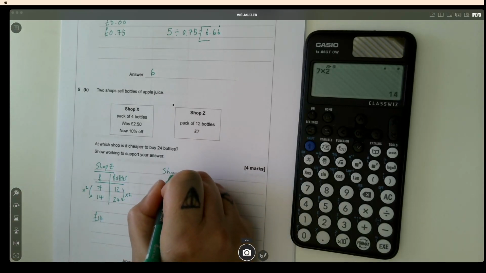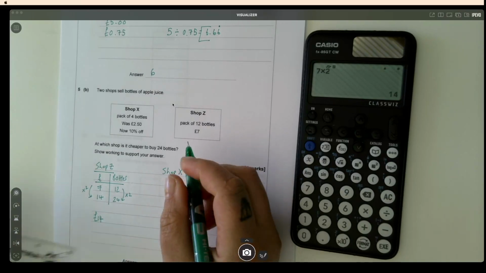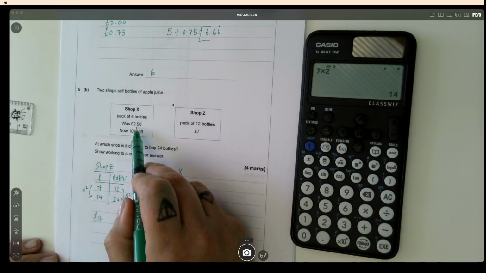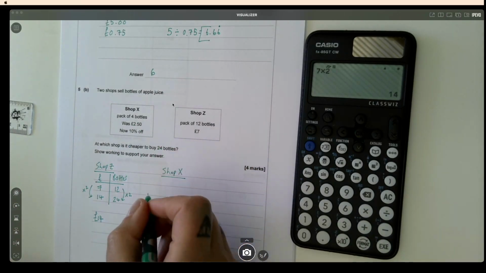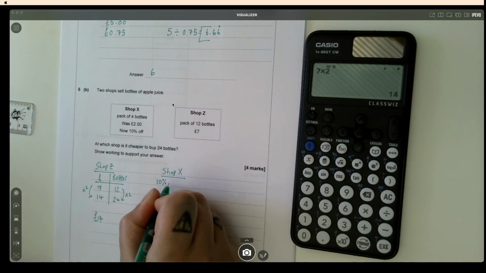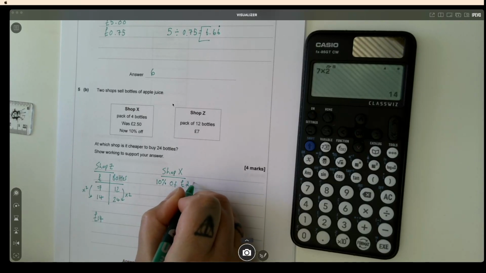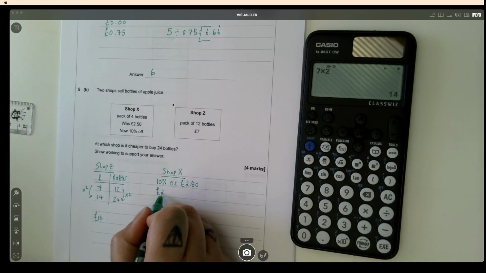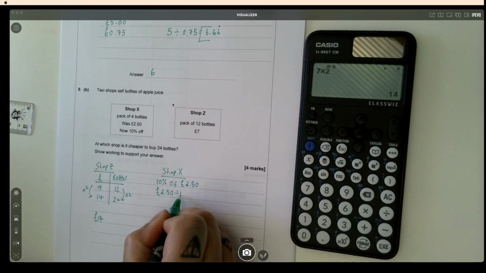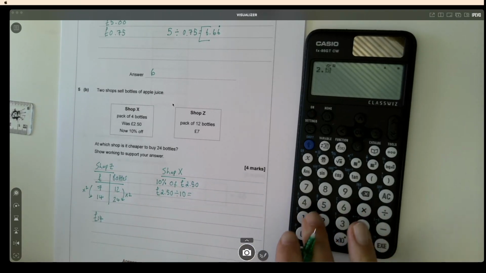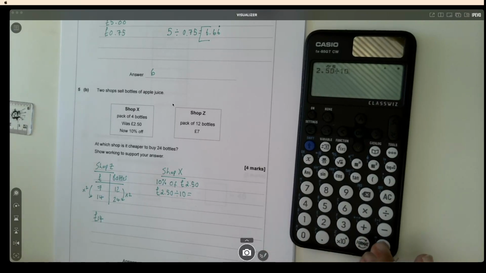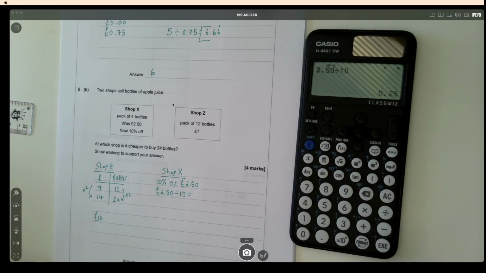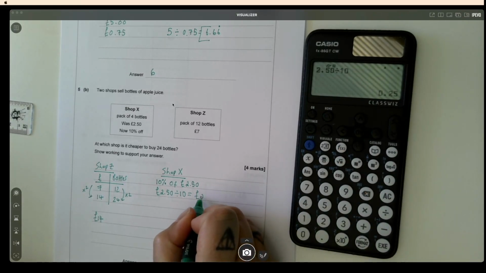Now we're going to look at shop X. This one's a little bit trickier. So we get 4 bottles for £2.50, but there's 10% off. So the first thing we need to do is find 10% of £2.50. So to find 10% we divide by 10. So £2.50 divided by 10 is equal to 0.25.